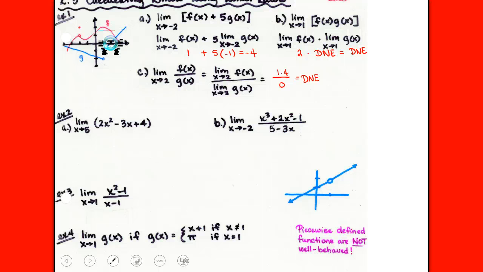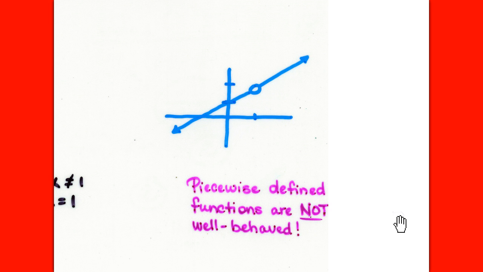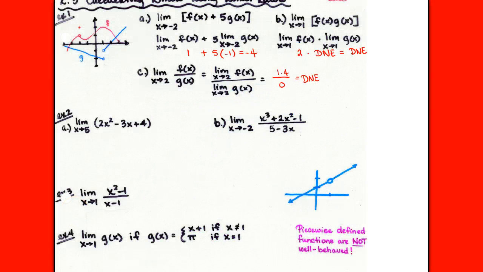Now, number 10 is another limit law where I can use direct substitution, but it's under a particular condition that I need to be really careful of. All right, for number 10, it says the limit as x approaches a of the nth root of x will be equal to the nth root of a, meaning that you can use direct substitution as long as you meet a couple of qualifications.